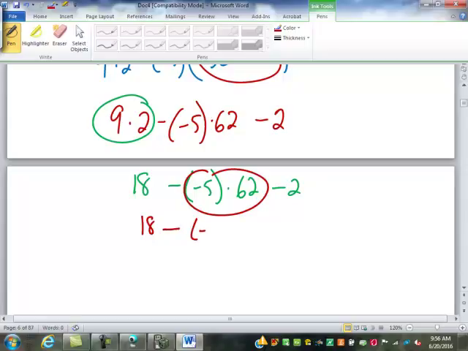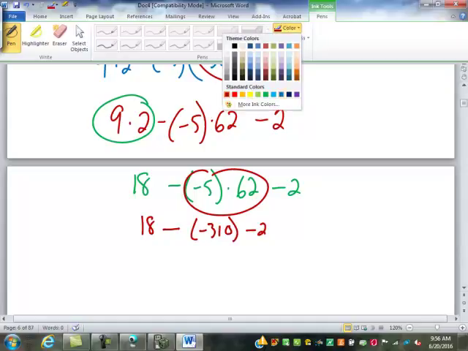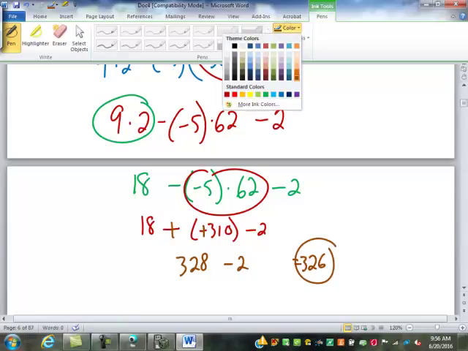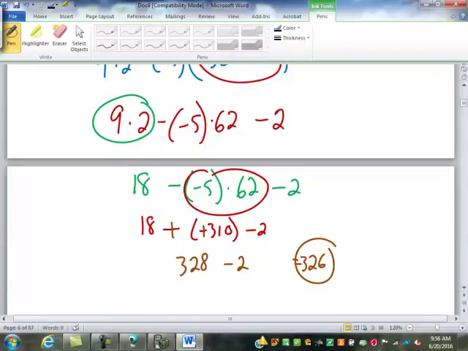Negative 5 times 62 is a negative 310. 18 minus a negative 310 becomes 18 plus a positive 310, which is 328. Minus 2 is 326. Did anybody get 326? No. Yeah? Sort of? Okay.